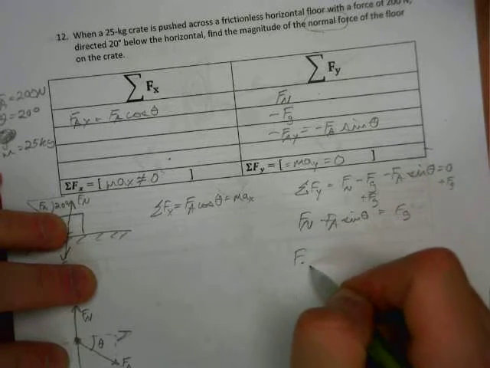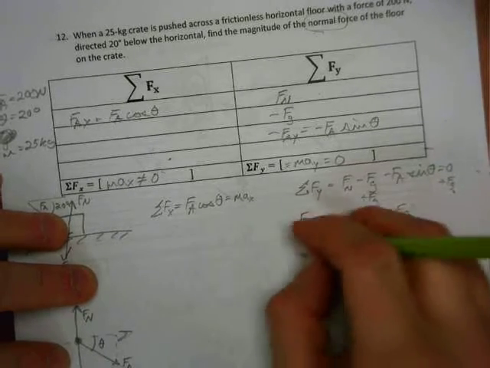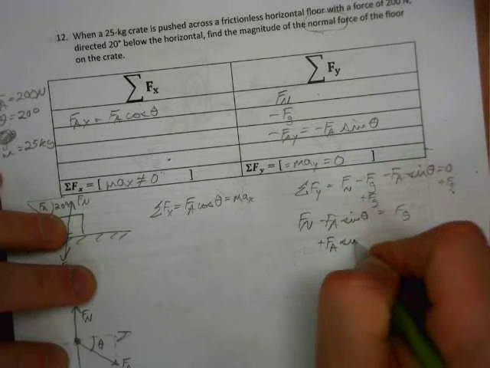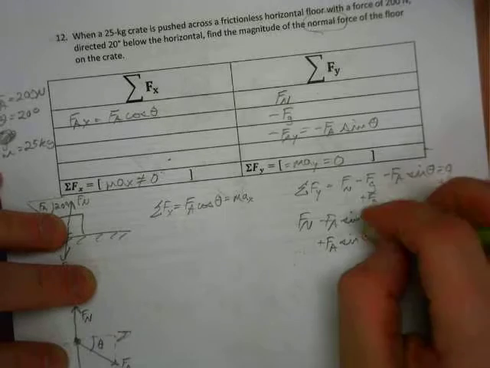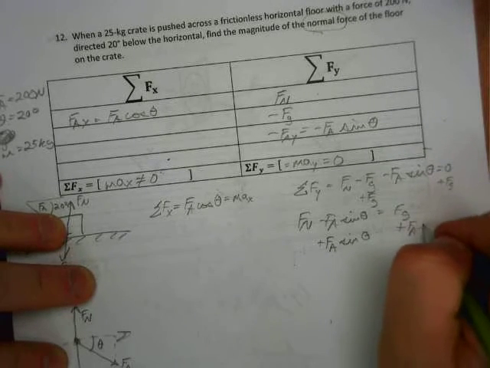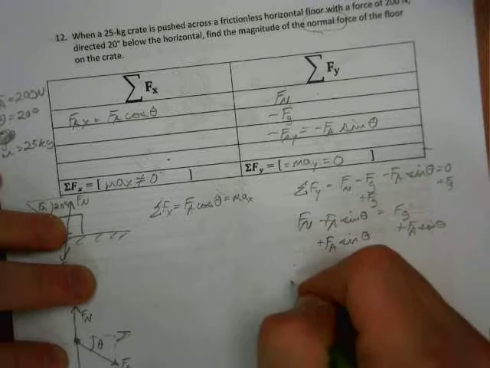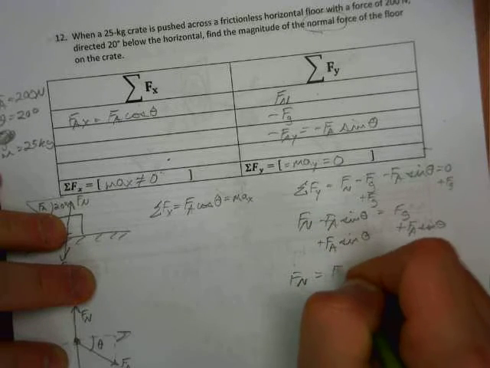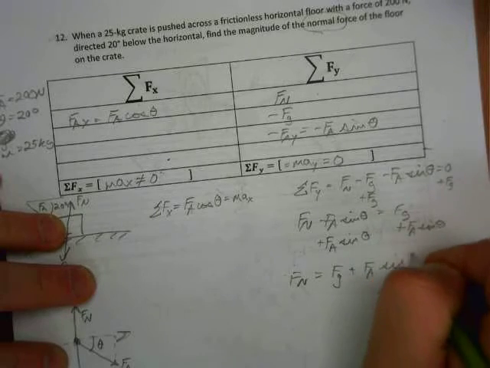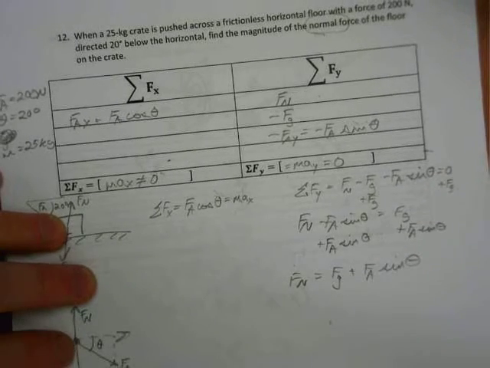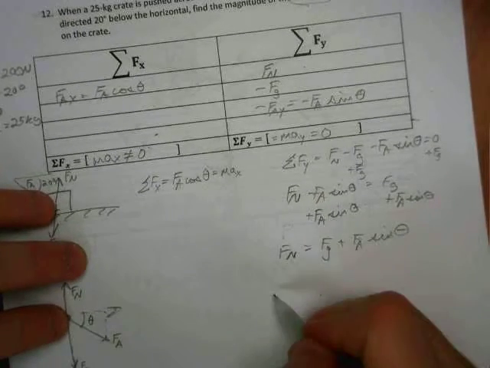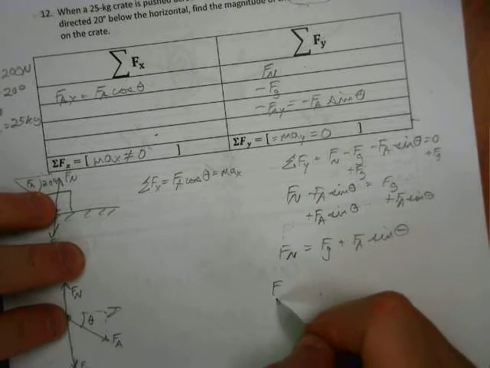Now add FA sine of theta to each side. I can break down Fg a little more because we are not given the weight, we are given the mass.